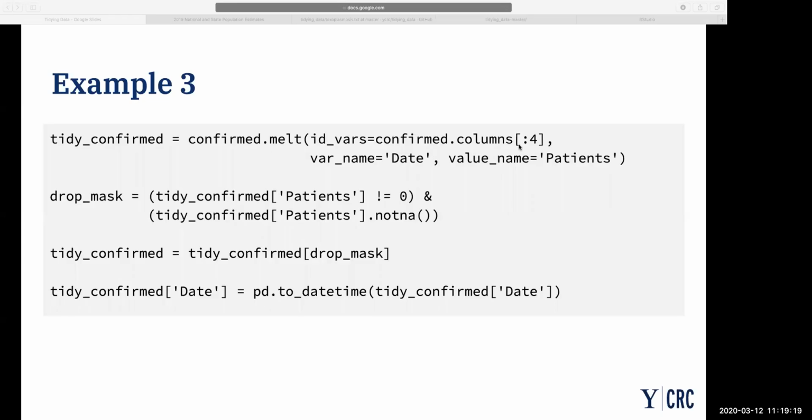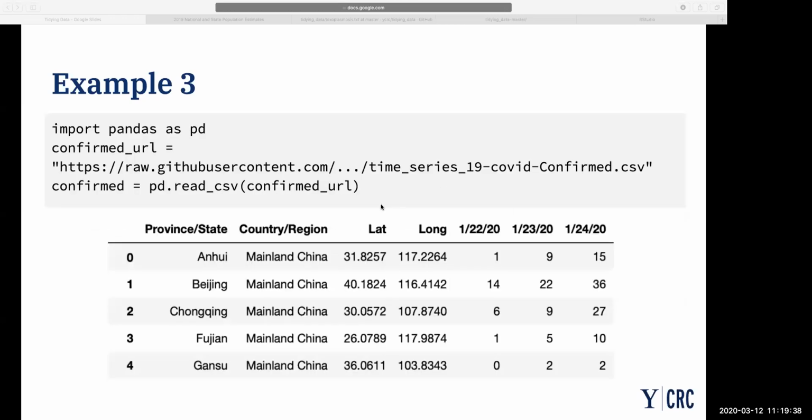So this slice, or this way of indexing the columns from the confirmed data frame, says, starting at the very first thing, go up to, but not including, the thing indexed at 4, which is the 5th thing. So the first 4 columns, so look back here, are 1, 2, 3, 4.